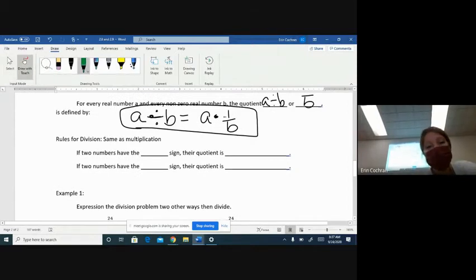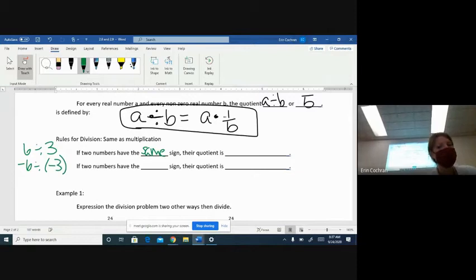If you have two numbers with the same sign, so both positive, both negative, your quotient is going to be what? So if I have, let's say 6 divided by 3, or -6 divided by -3, it is going to be a positive number, yeah?